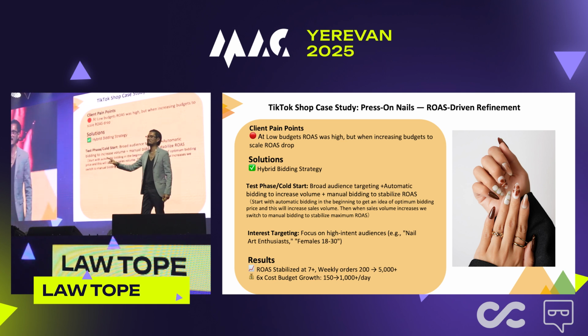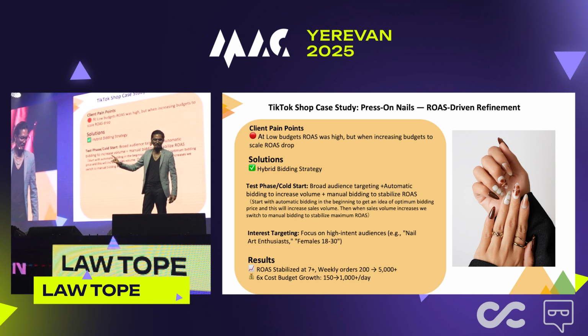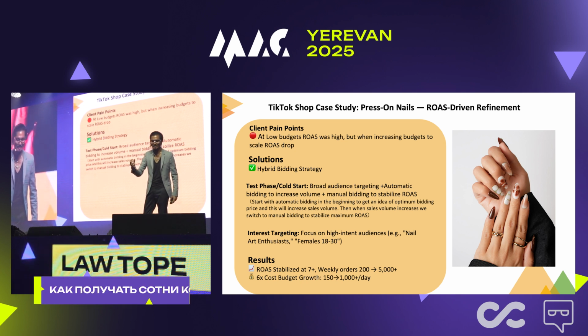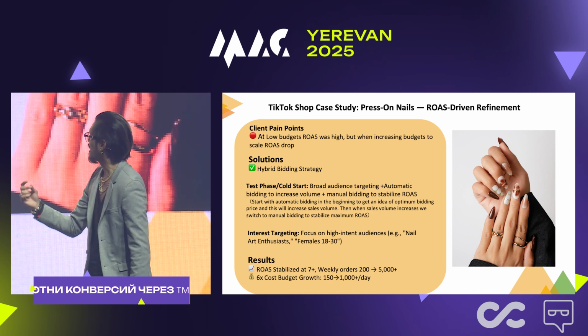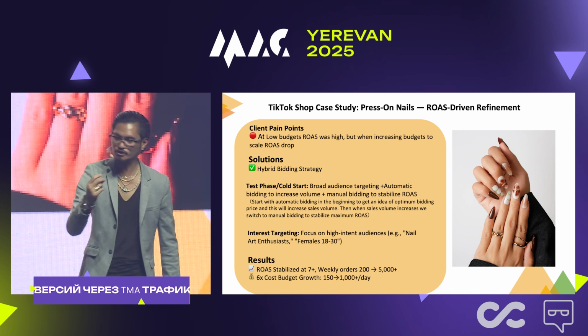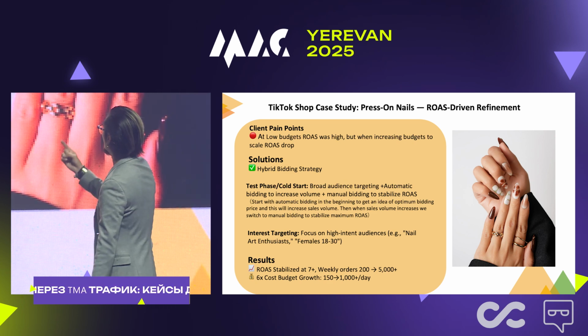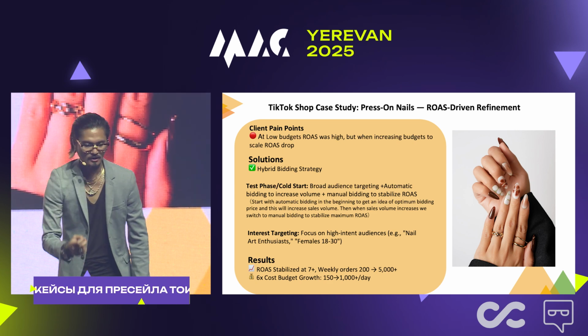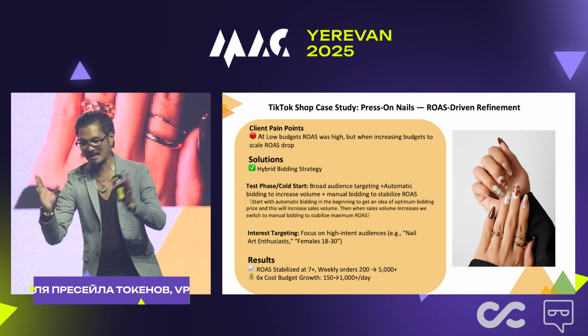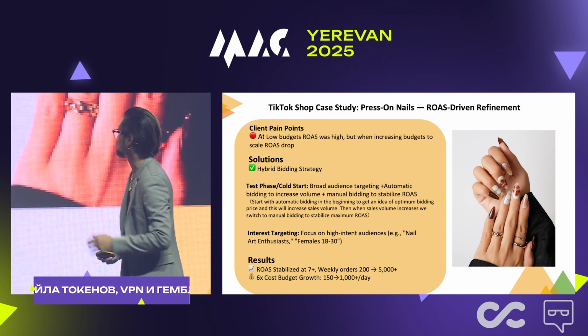Start with automatic bidding in the beginning to get an idea of the optimum bidding price. And this will increase sales volumes. Once you realize your bidding price, then you can switch to manual bidding to stabilize your return on ad spend.